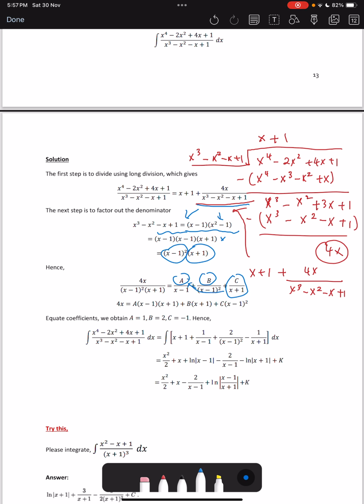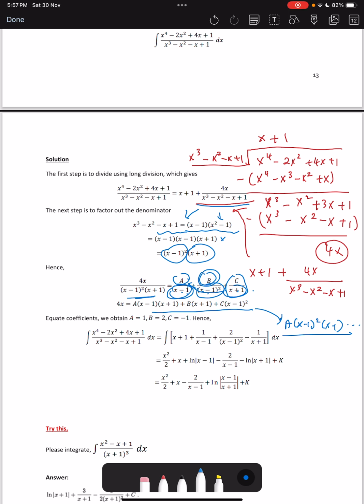So here, if you multiply in, you will get A times x minus 1 to the power of 2 times x plus 1. For this one, you multiply x minus 1 and x plus 1. Then you expand it like this. The below part you multiply all of them together, 3 of these multiplied together, so you will get the same as this.